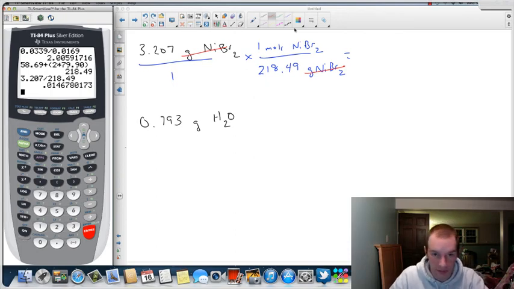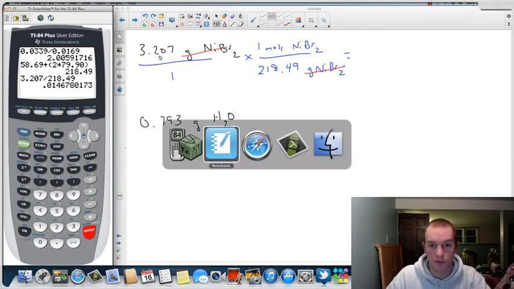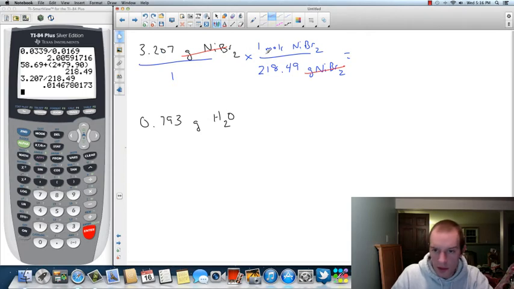Again, keeping 4 significant figures because we started with 4 up here. Okay, 0.01468 moles of NiBr2.